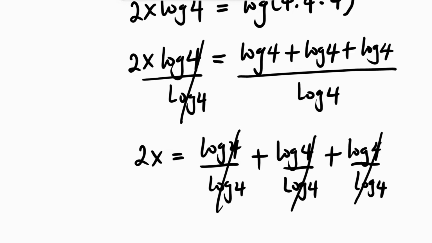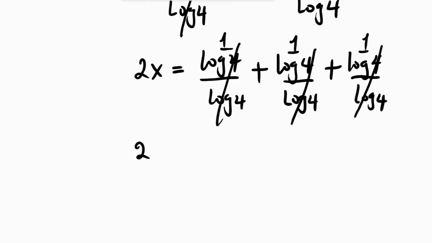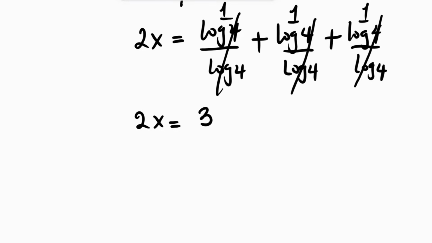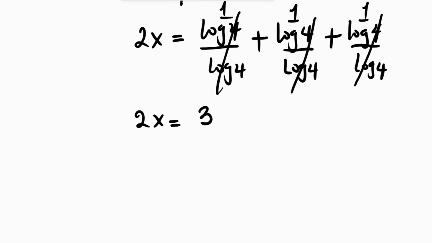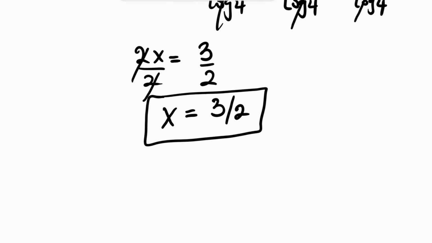And all these cancel out. We have 1, 1, 1. So now we have 2x is equal to 3. And now we divide both sides by 2. So our x is equal to 3 over 2, and that is our answer.